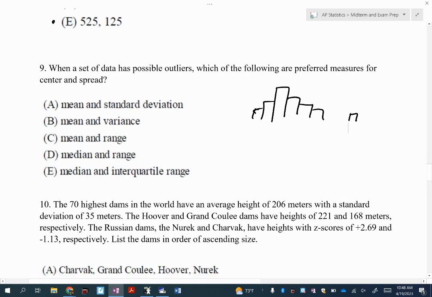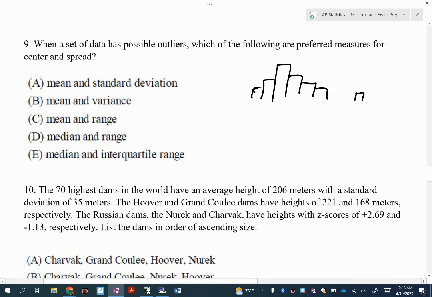And if you choose median, you should know what measure of spread you should be using with it. The IQR, the interquartile range. So median and IQR I would use for this scenario. What if they told you that the distribution was unimodal and roughly symmetric? Then what would I use? The mean and the standard deviation, right? So this goes all the way back to September, guys. If you see anything in your shape that's not unimodal and roughly symmetric, then you should be thinking median and IQR.